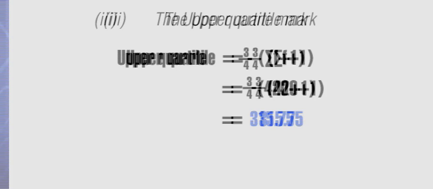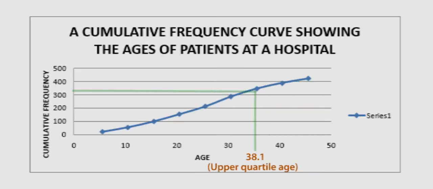So we go to the cumulative frequency axis, look for 315.75, then we move horizontally to the curve. At the point of intersection of that line and the curve, we move vertically down, and from the curve, it is 38.1. So we can conclude by saying that the upper quartile age is 38.1.